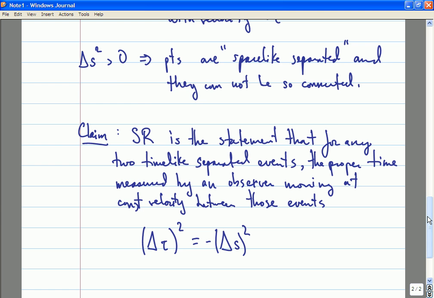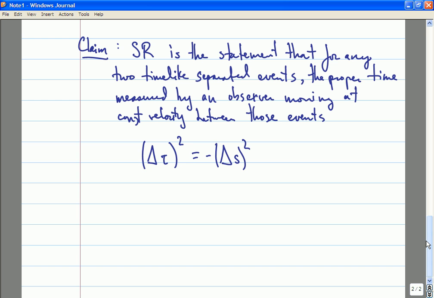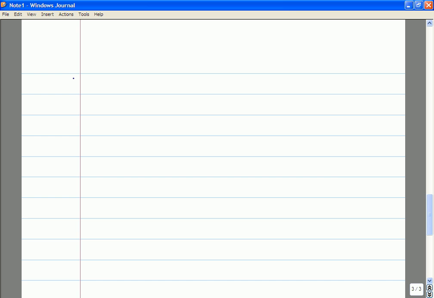So let's see how this reproduces, for example, the effect of time dilation. So let's consider, for example, the twin paradox. So let's draw our little space-time diagram here.